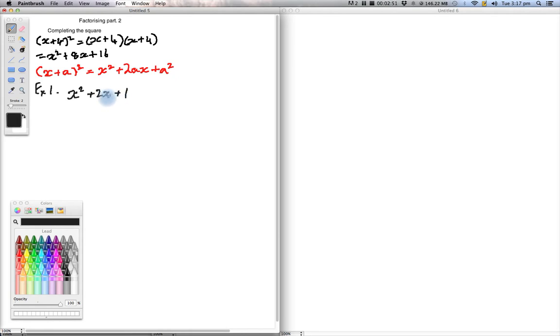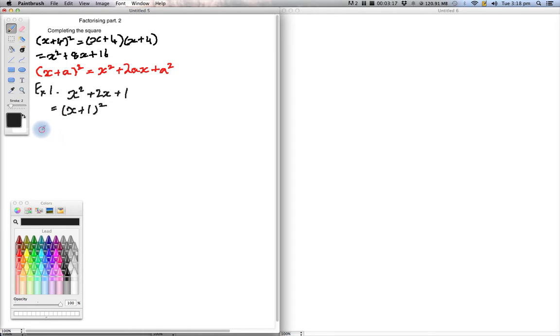See, if we have a from here being 1, then this is a perfect square. So straight away we can write this is a perfect square with a being 1, so it's x plus 1 squared. Because we've noticed that the 2 is double that of the square root of this squared.